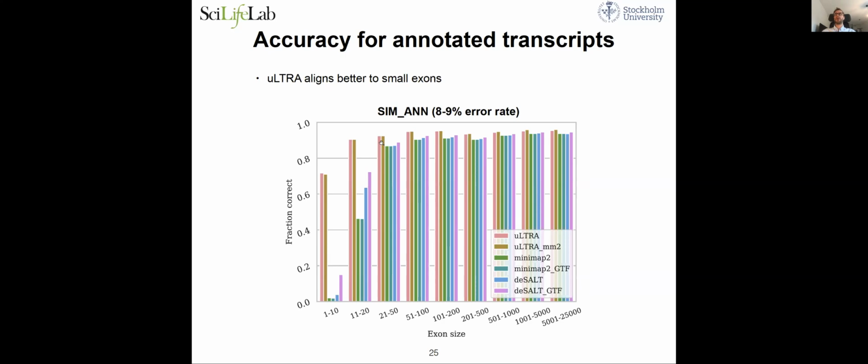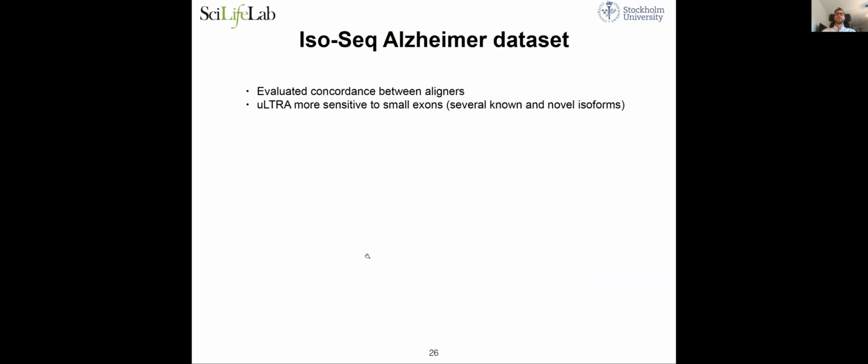This is really where we have the most improved accuracy, and then it decreases, or we become more even with other aligners, as the exon size increases. We saw similar results for the other data sets with some specific differences, so details are in the paper.